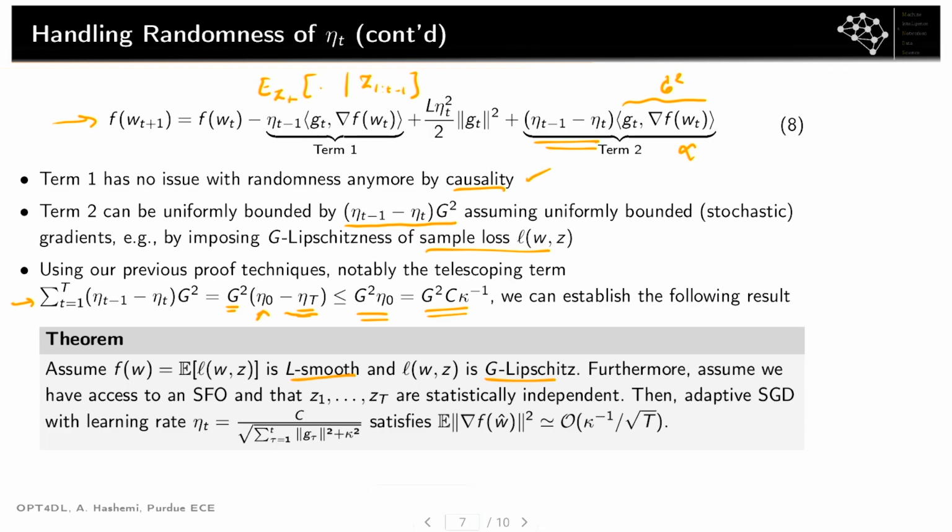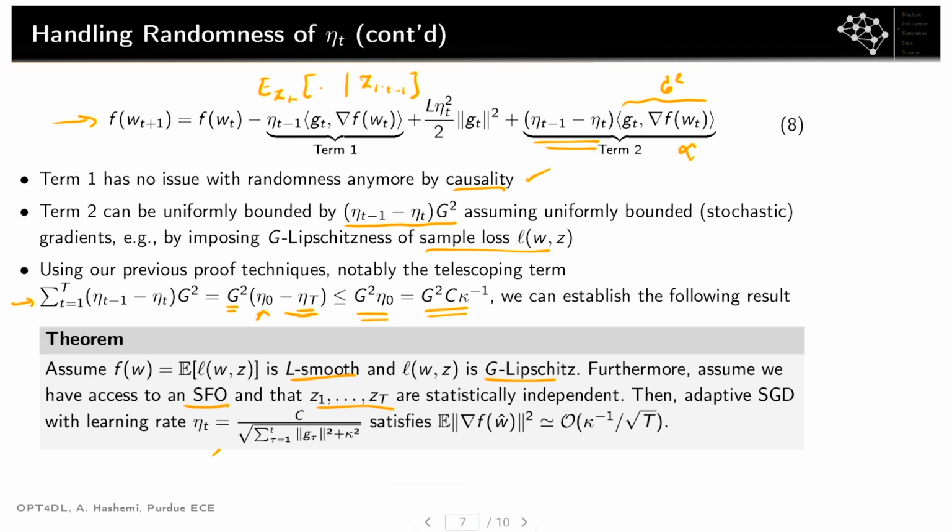This is something we didn't have when we talked about SGD, but it turns out that, to my knowledge, for almost all of the adaptive algorithms, such as AdaGrad that we are talking about, this assumption is kind of essential. Beyond this, we make our usual assumption that we have access to a stochastic first-order oracle, which returns unbiased estimators of the true gradient with certain variance, and that the samples we are using in every iteration are statistically independent.